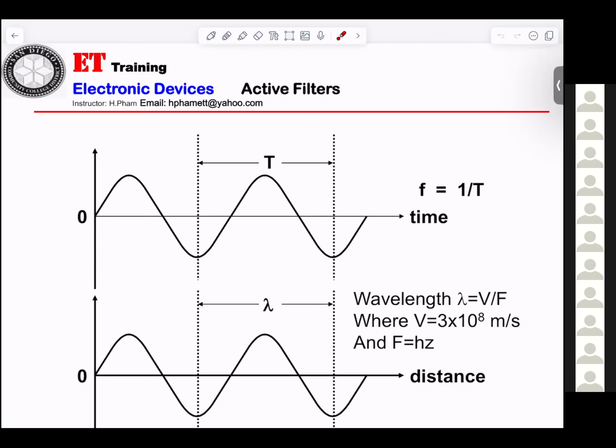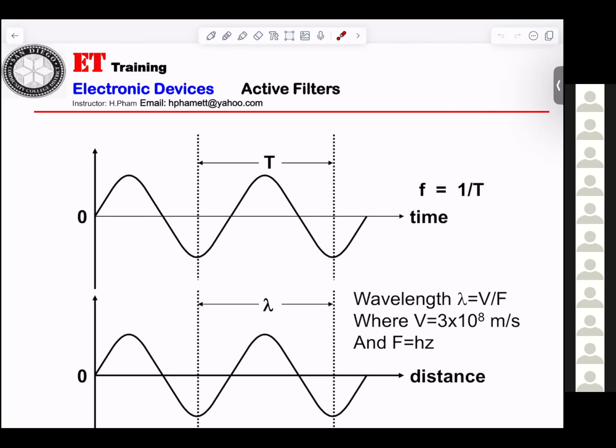Perfect. That means the answer will be, you have to make sure they can understand. On the basic oscilloscope, you cannot measure directly frequency.